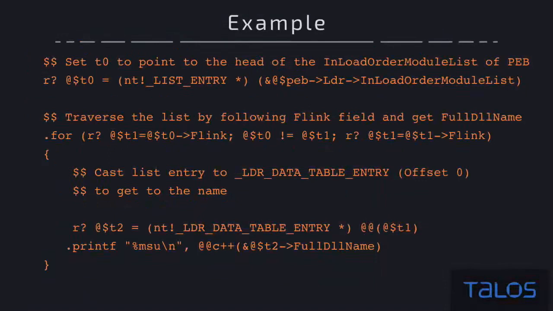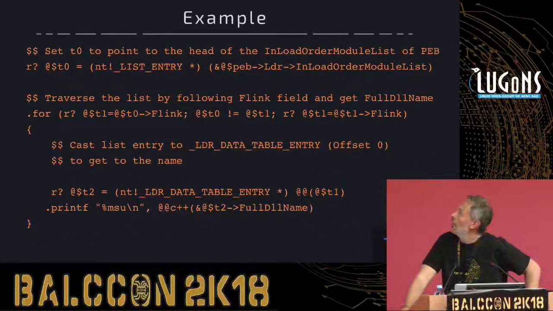I'm not going to go in depth into all the scripting, but this is just an example to see what it is trying to do. Here we see a C++ evaluator that casts a pointer to the list entry structure, and the PEB is the process environment block, which shows information about the process in user mode. Then we have a loader field. You see the arrow to the LDR, and then the arrow to the load order modules list.